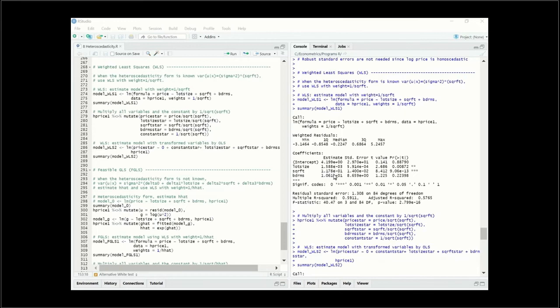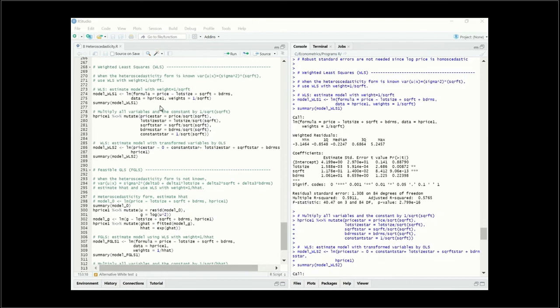So these are the new results after we correct for heteroscedasticity using weighted least squares. Different coefficients, different standard errors than we had before, but overall similar conclusions. Both of these coefficients were significant before, and they're still significant now after correcting for heteroscedasticity.